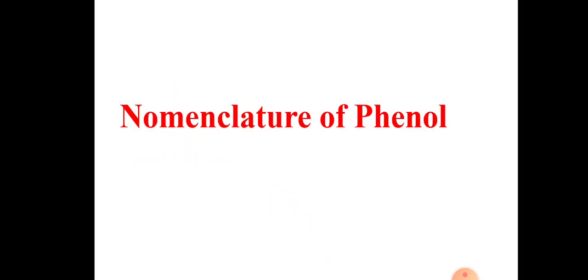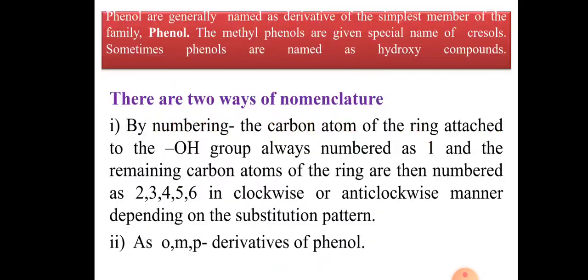Now the nomenclature of phenol. The phenols are generally named as a derivative of the simplest member of the family, that is phenol. The methyl phenols are given the special name cresol, or sometimes phenols are named as hydroxy compounds. And there are two ways for the nomenclature.